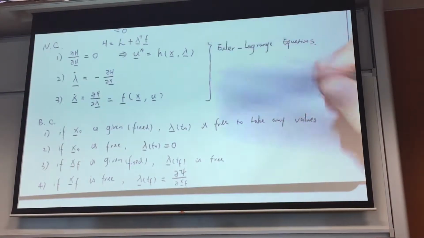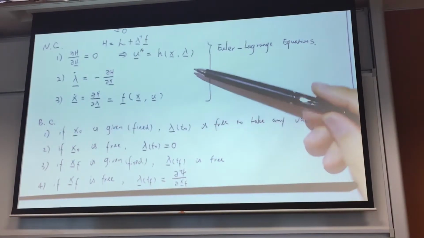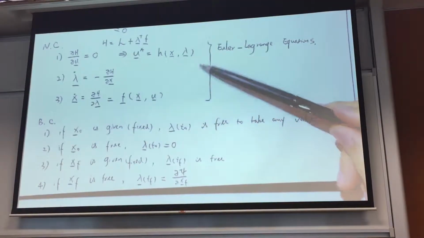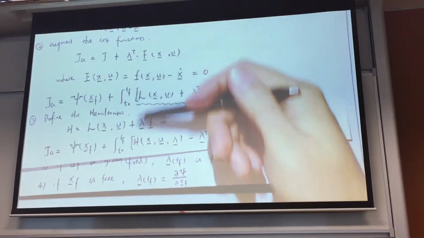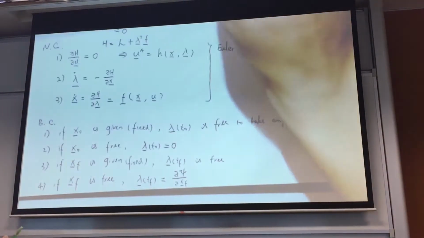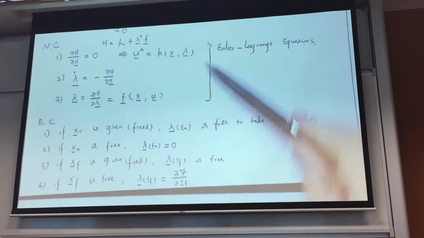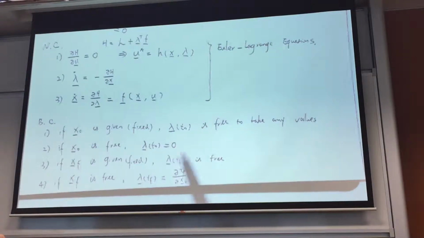So in this part, in the calculus of variation, you must know how to derive these equations. You must fully understand this mathematics, how to derive these Euler-Lagrange equations, and how to establish these boundary conditions.